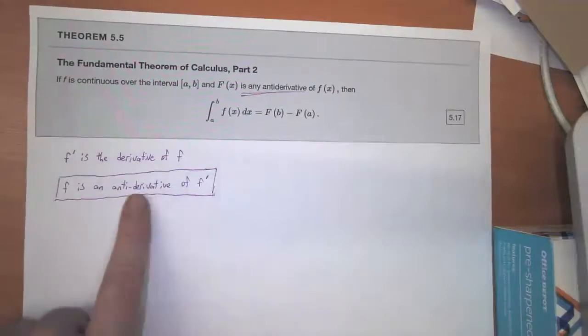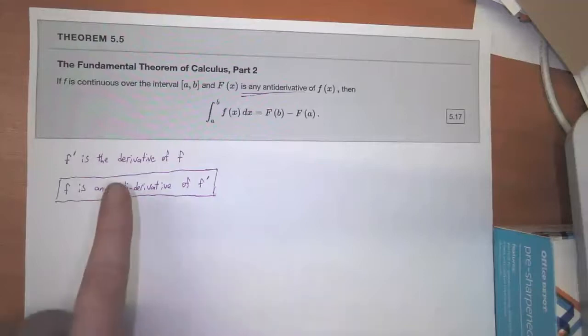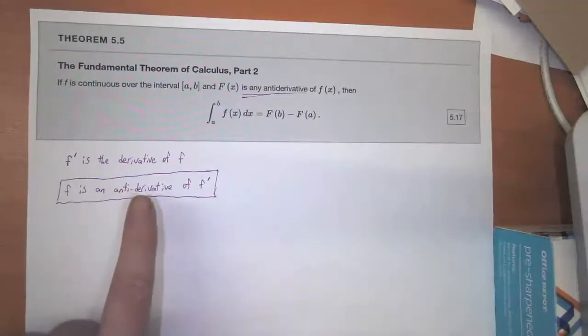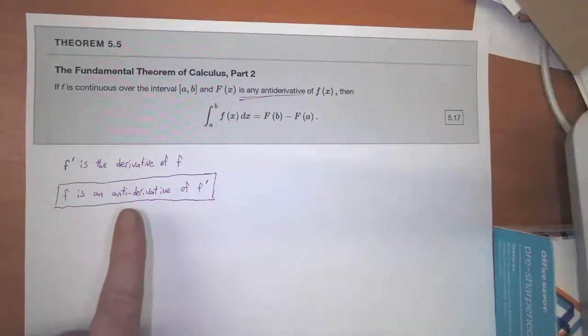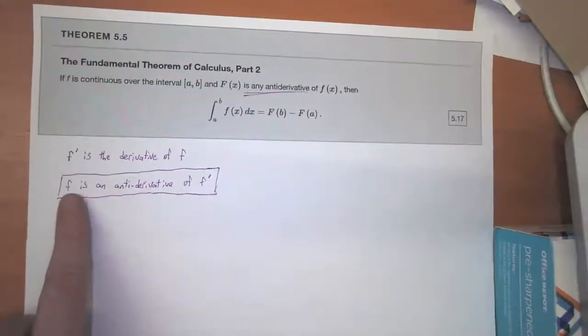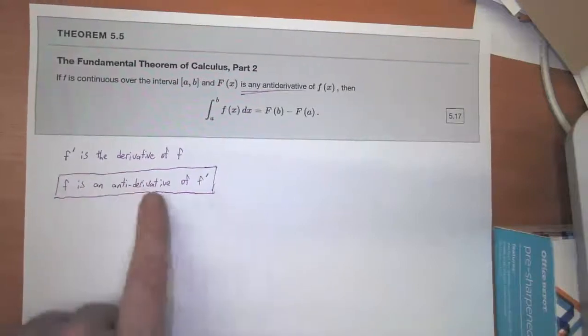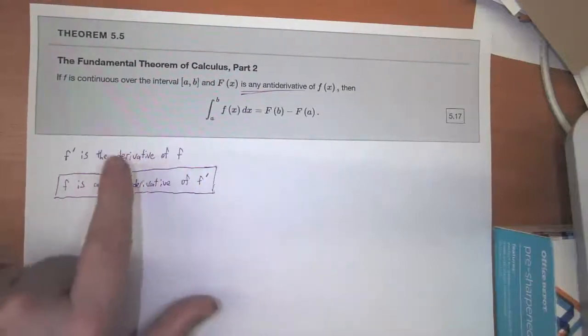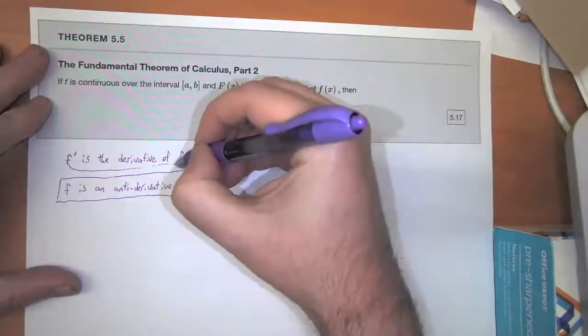I want you to write this on a Post-it note and stick it on your bathroom mirror so that you will be reminded of it day after day until it gets not sticky and falls off the mirror. And hopefully that will be enough time for this to stick in your mind, that f is always an antiderivative of f prime, because it's just what it means to be an inverse.